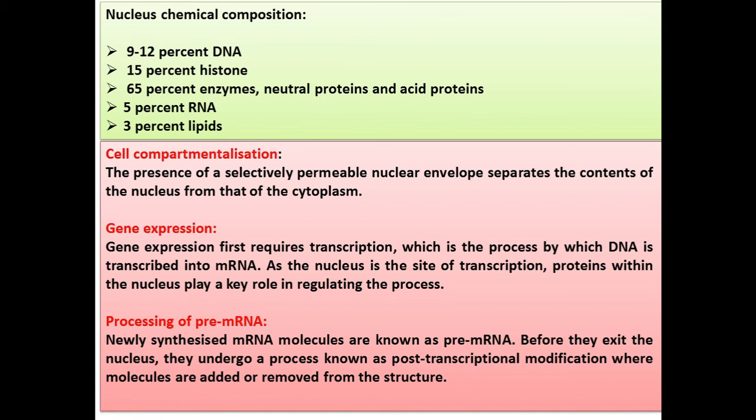So this pre-mRNA undergoes modification to form the mature mRNA. What is mature mRNA? It can express to form proteins, and these modifications happen inside the nucleus. After that only it comes out of the nucleus. So I think you are pretty much clear with the things.